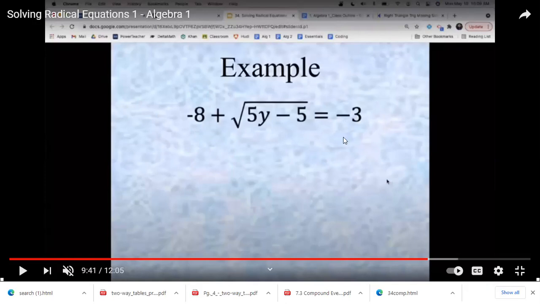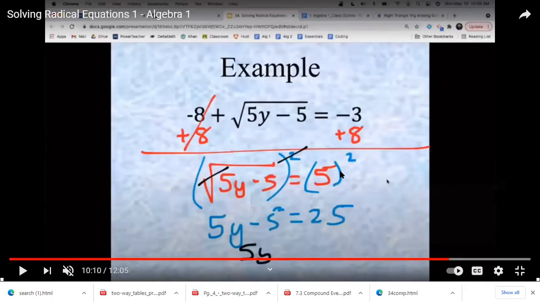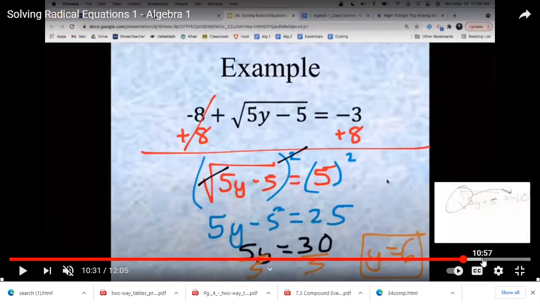Once the number on the right side is positive, we don't have a problem. We will continue like the previous question: then the expression equals 5, all to the power of 2. Then we will find the value of y and check the answer.